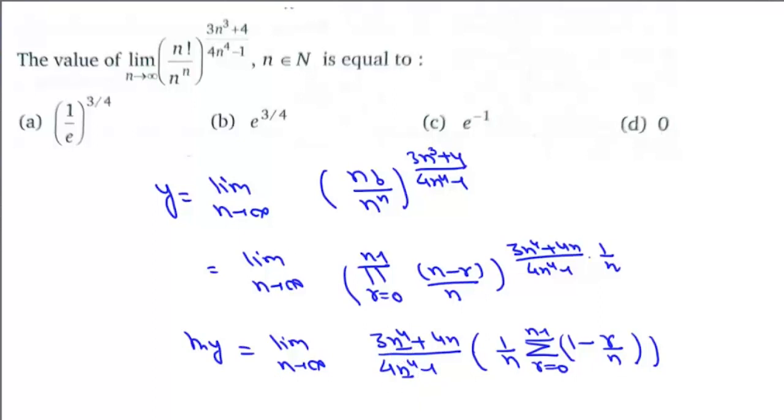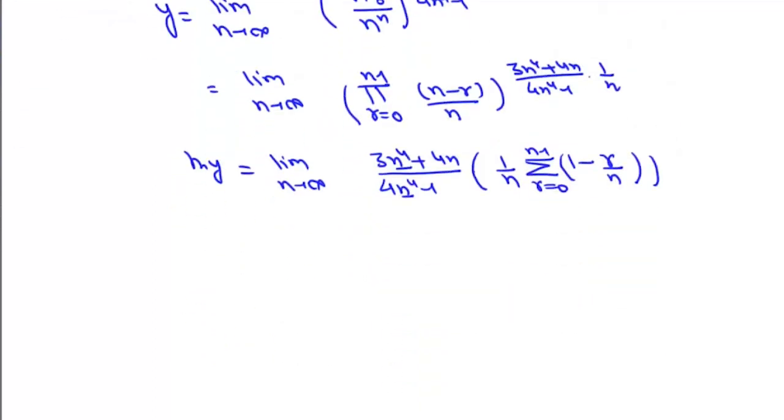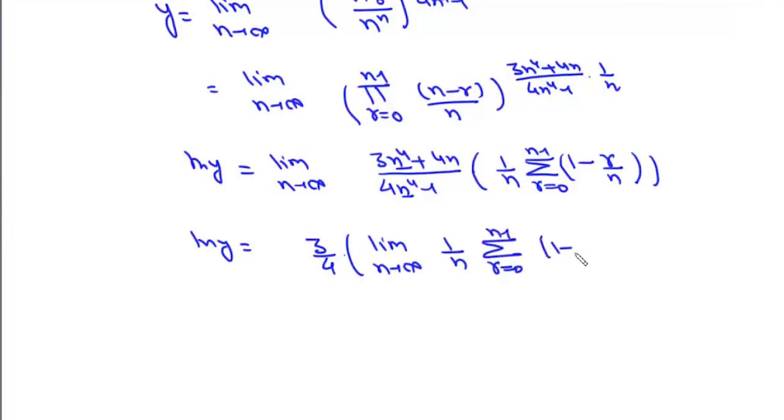So we can write this as log y equals 3 by 4, and then into this limit n tends to infinity 1 by n, this summation r varies from 0 to n minus 1, log (1 minus r by n).